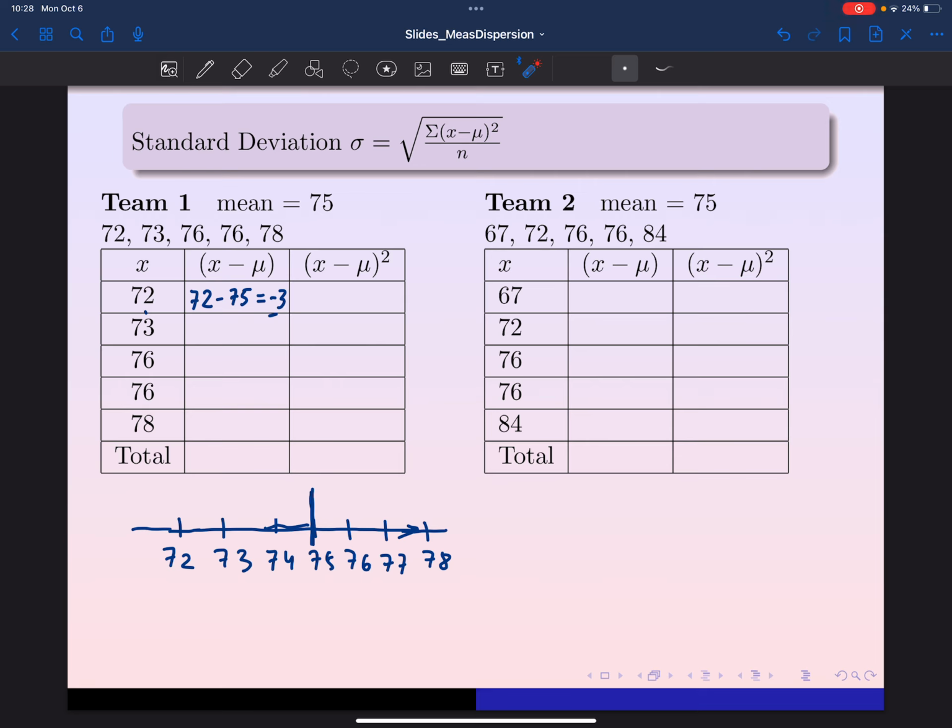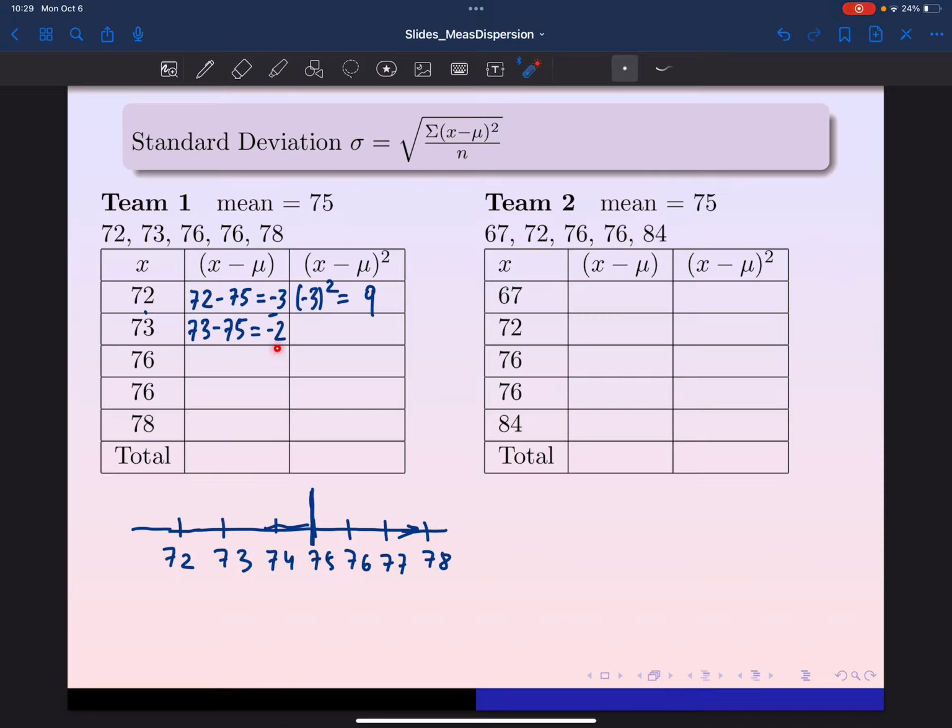Now, they ask me here to square it, so we take this minus 3 and square it, and this is equal to 9. And now we repeat for everything. My x is 73, so it would be 73 minus the average. The average is 75. So we will have 73 minus 75, and the value is minus 2.